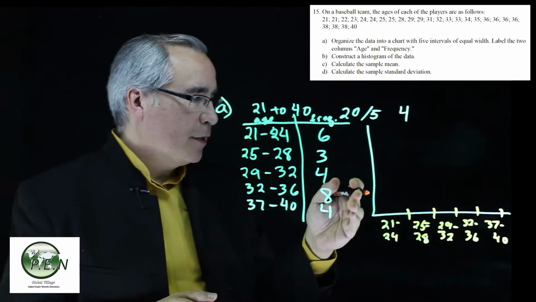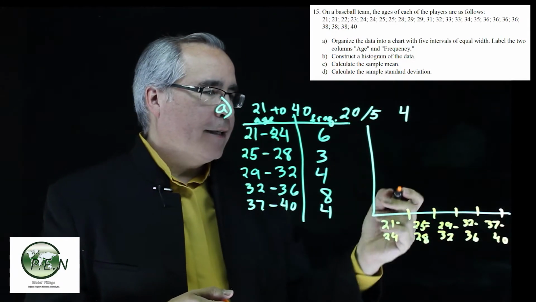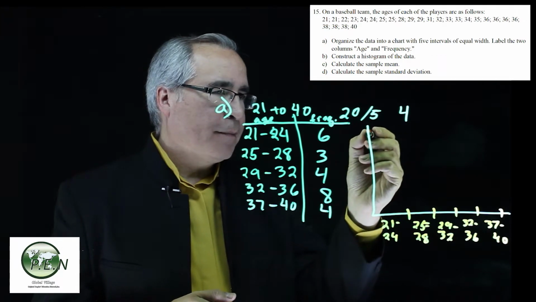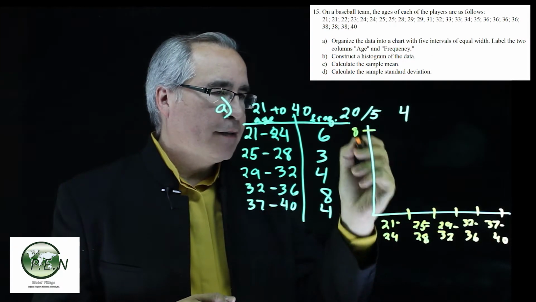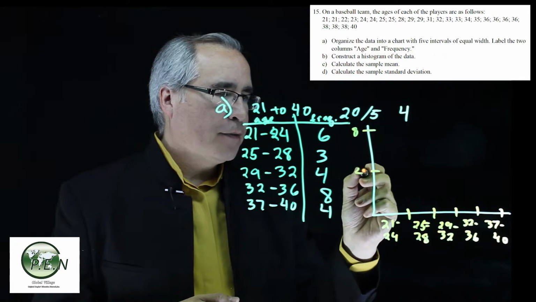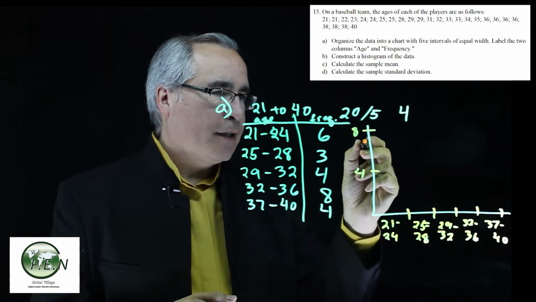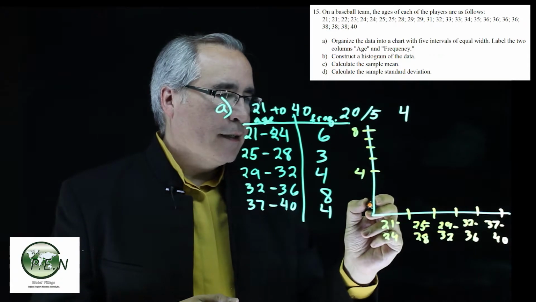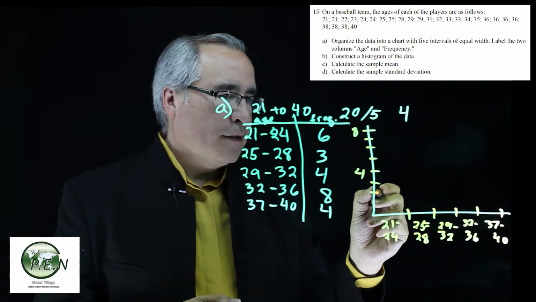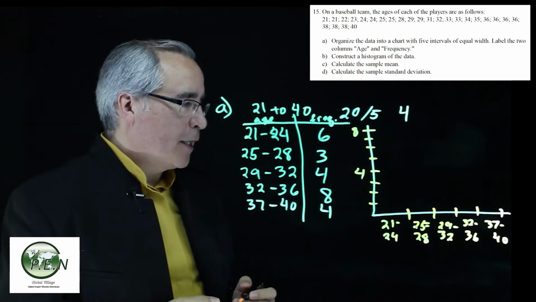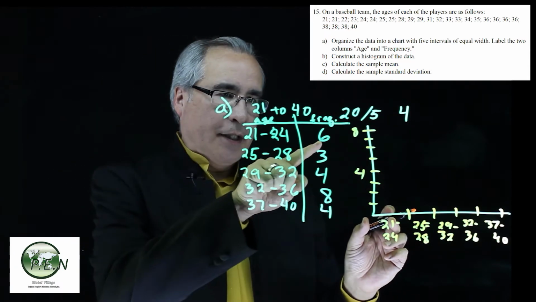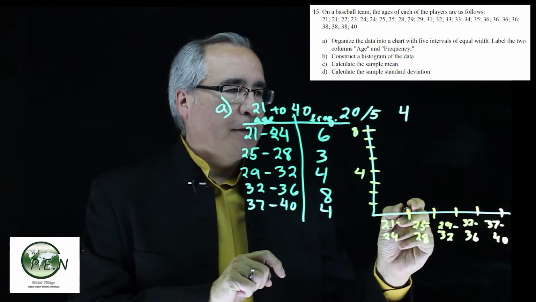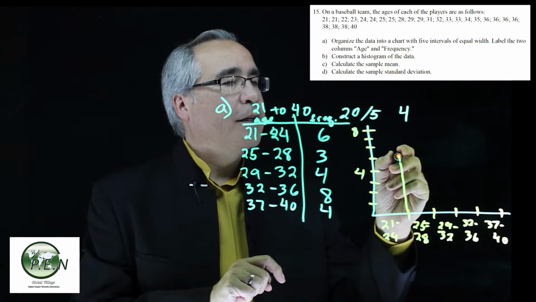And then this will be our frequencies. Now we know that 8 is the highest frequency, so I'll maybe just come up here. If that's 8, halfway down is 4, 5, 6, 7, and 3, 2, 1. Okay, so there are 6 here in this group, so we go up to the 6 mark.